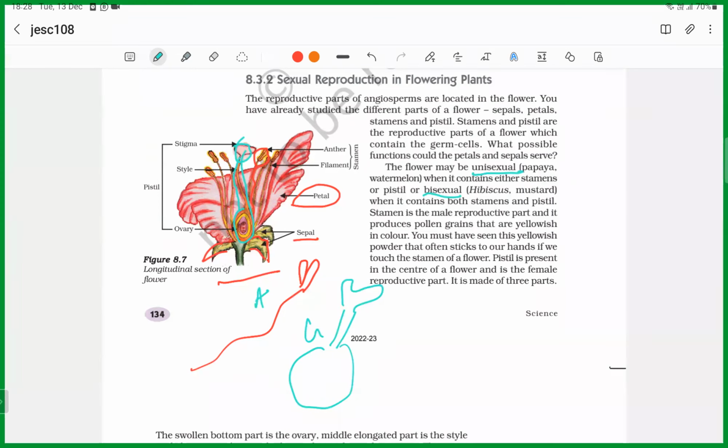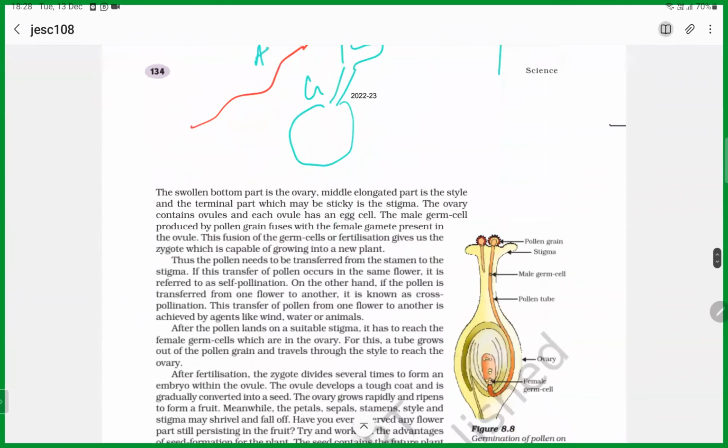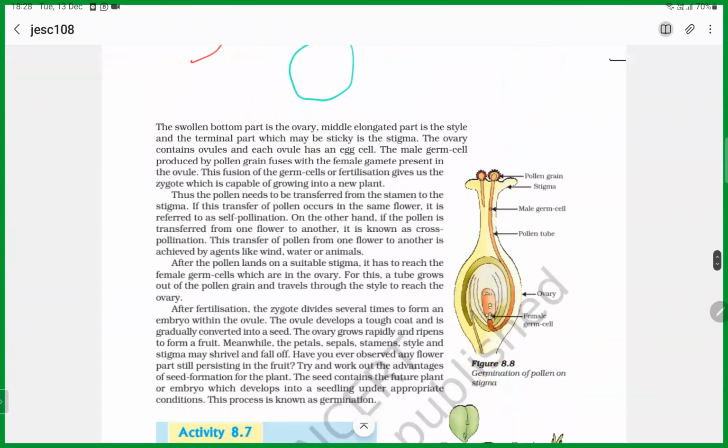A bisexual flower has both androecium and gynoecium, so both reproductive organs are present in the same flower. Okay, so keep this in mind: androecium, gynoecium, unisexual and bisexual flower.